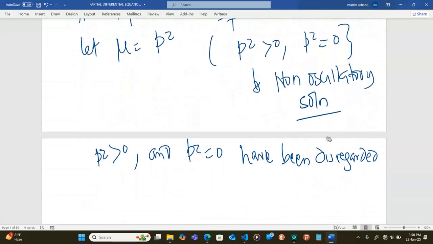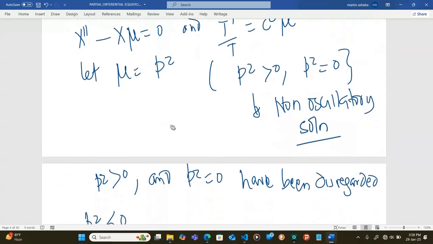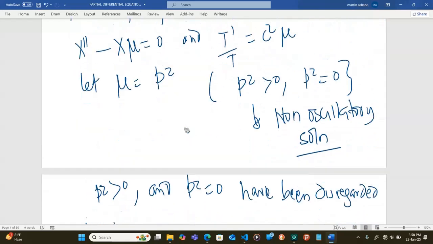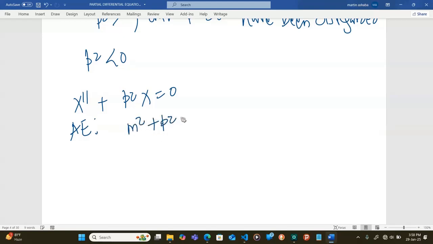So what is going to happen? I will take p squared less than 0. Therefore, I will have X double prime plus p squared X equal to 0. If I recall how to solve second order differential equations, I am going to create what we call an auxiliary equation: m squared plus p squared equal to 0, then m will be equal to plus or minus jp.